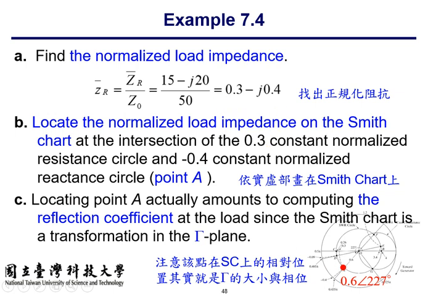0.4j. Okay, so if your real part is less than 1, its position will be on the left half; if it is greater than 1, it will be on the right half. So the real part is 0.3, and the imaginary part is minus 0.4. The top half is for positive imaginary part. The bottom half contains the lines for negative imaginary part.